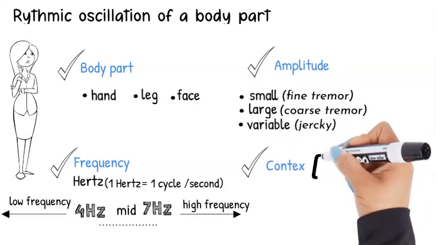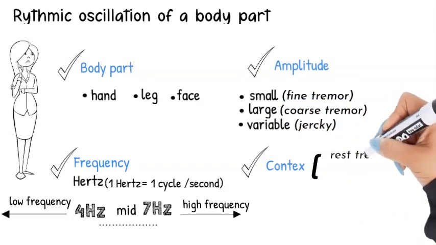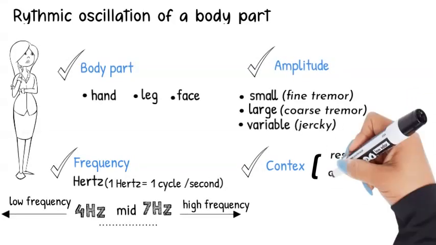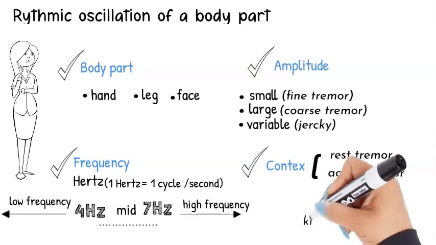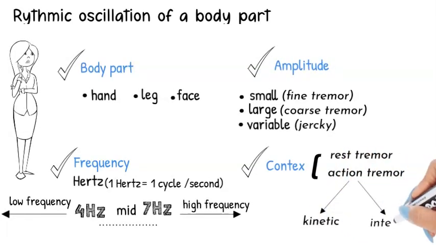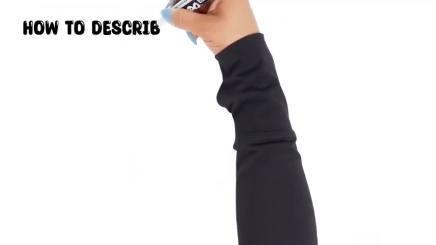And finally, we have to mention the context at which a tremor occurs, whether it is at rest or action. Action tremor can involve the range of movement, called kinetic, or just the end of the movement, called intention tremor.